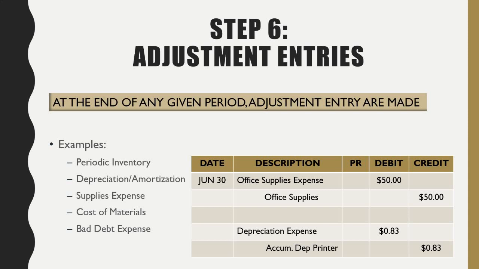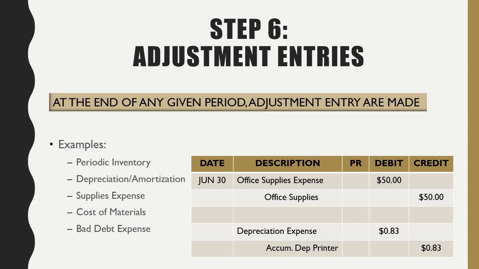A good example of that is things like supplies expense. We know that periodic inventory is an adjustment entry, because we don't adjust our inventory or do our inventory conversion until the end of the accounting period. That's why it's called an adjustment entry.